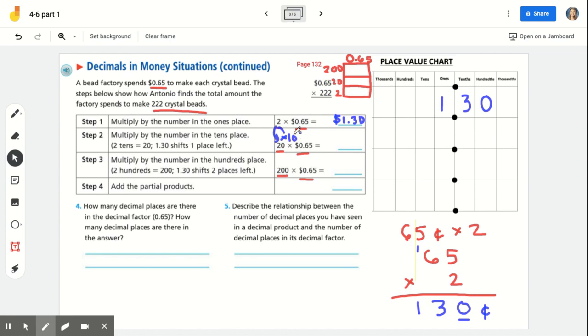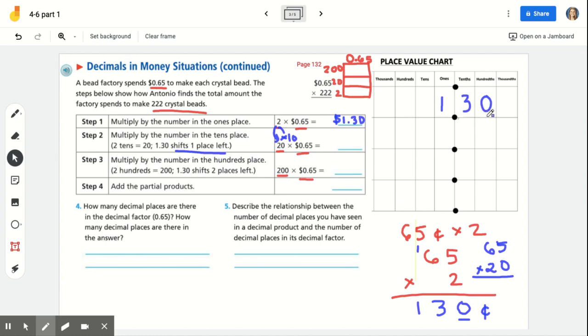And so that tells us that if we want to go from $1.30 to changing our factor from 2 to 20, all we have to do is make this number 10 times as big. So we don't have to set this up. I mean, we could do 65 cents times 20. That's one way of doing it, but another way, and they're giving us a big hint, is shifting one place to the left.